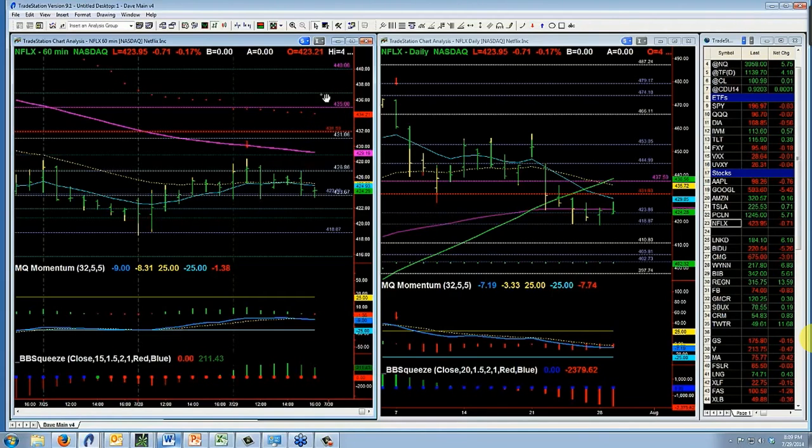You need to make sure that you're getting paid a suitable credit for the amount of risk that you take. A 5 to 10% gain on a risk is what you try to aim for. You don't say, okay, I'm trying to get 30 cents, so I'm going to make my spread wider. Well, you just doubled your risk.